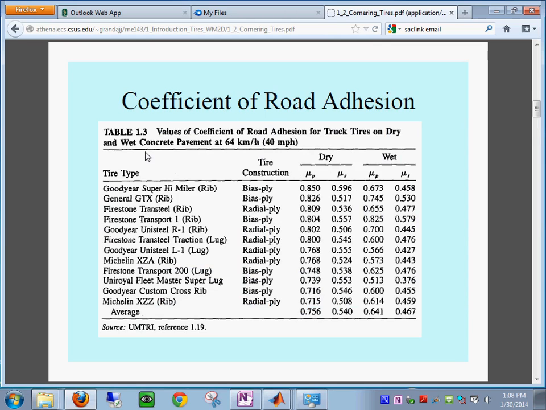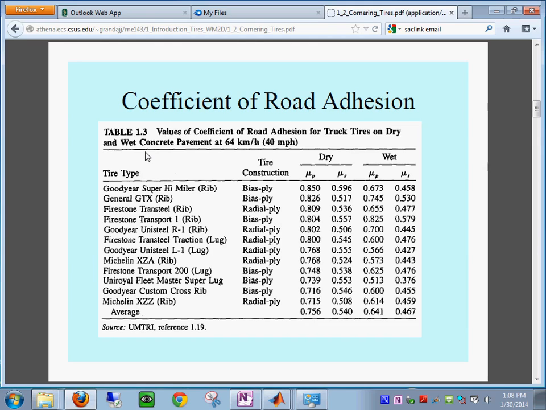This is very interesting because this chart was made with different kinds of tires, some bias and some radial tires. And there are different brands like Goodyear Super High Miler, Bias Ply, which has a very high coefficient of friction.